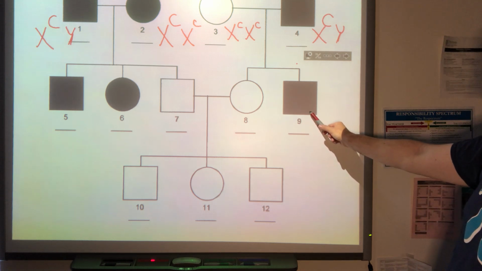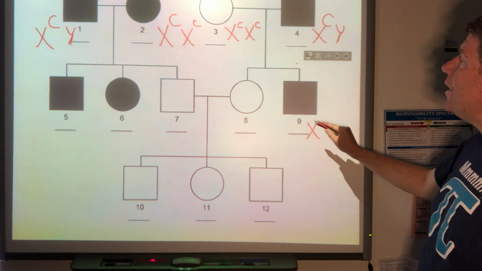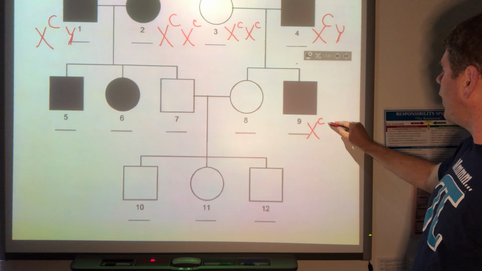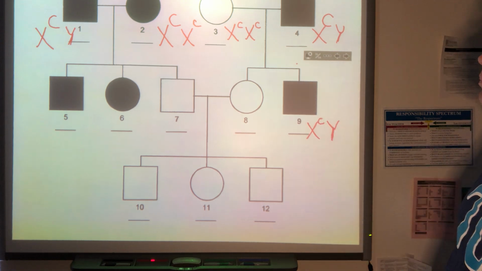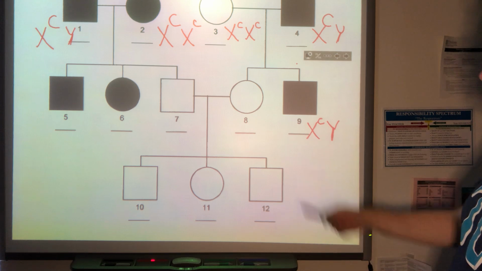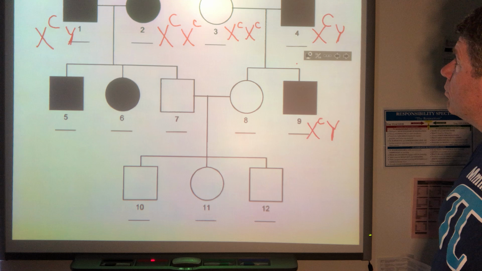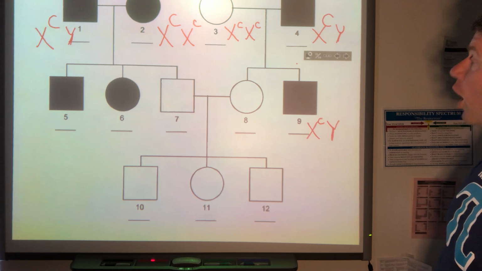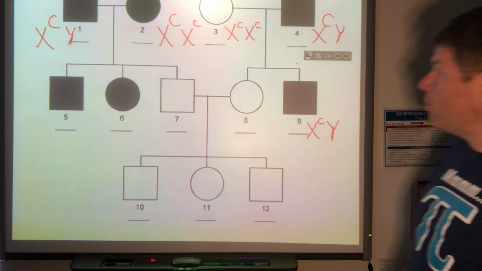I think we just proved, because this male would just get a little c, and Y comes from dad, so this should be a normal male. So actually, I think I've proven myself wrong. It can't be sex-linked dominant. All right, so it's an autosomal dominant situation. Autosomal dominant, I believe, would be best for this one.